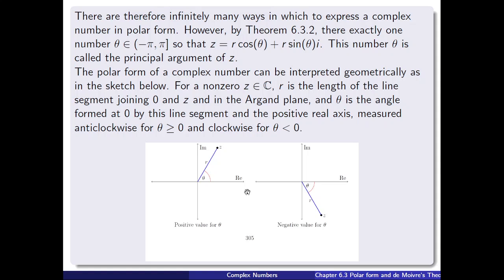So for a non-zero complex number, r is the length of the line segment joining 0 and z in the Argand plane, and theta is the angle formed at 0 by the line segment and the positive real axis, measured anti-clockwise for theta greater or equal to 0, and then clockwise for theta less than 0.